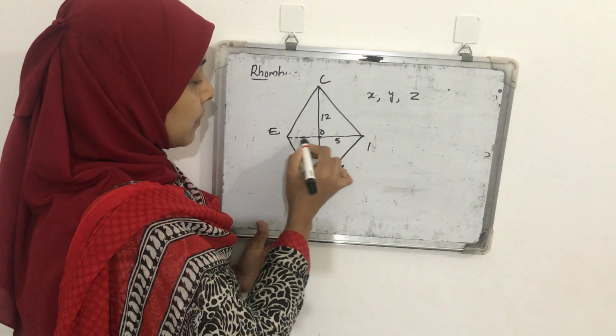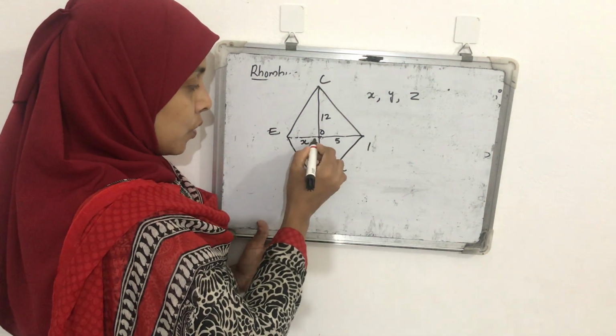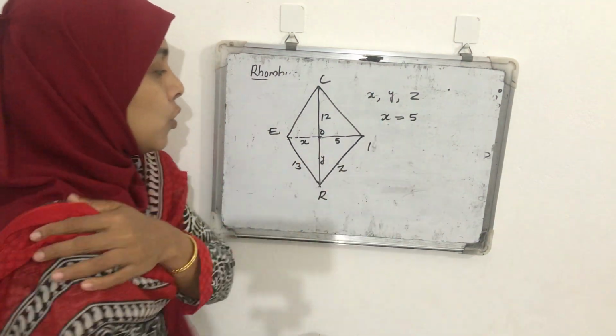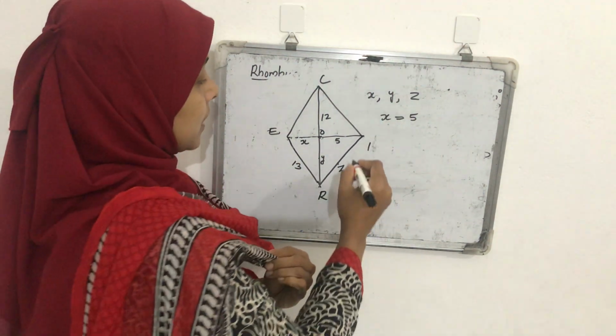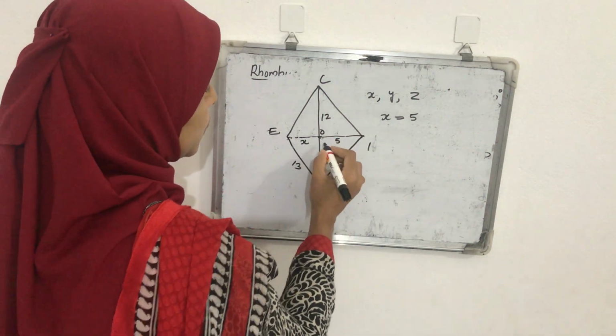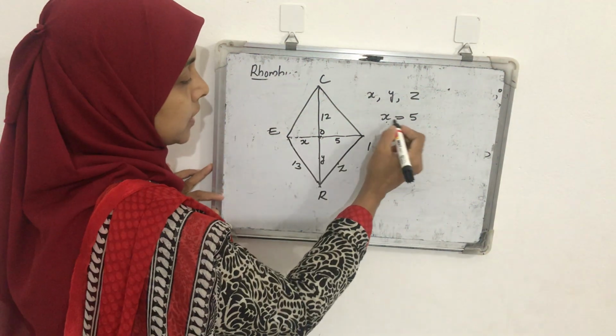So it will be the same length as OI. So X is equal to 5. What is the reason? Because the diagonals bisect each other. So these two lengths will be equal. OI is equal to OE. So X is equal to 5.